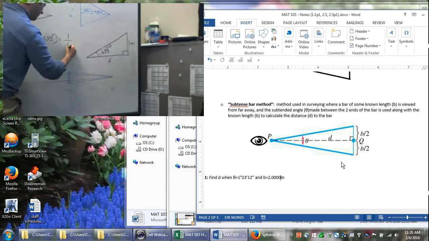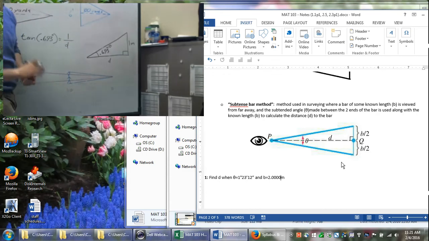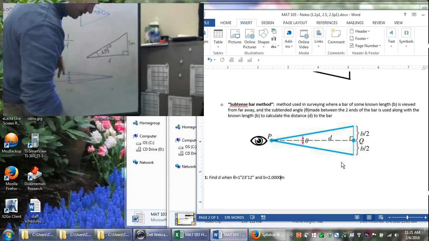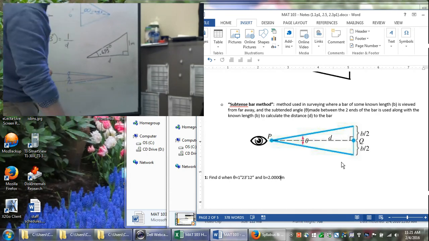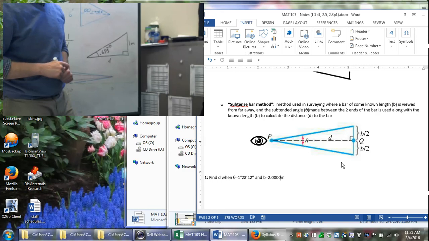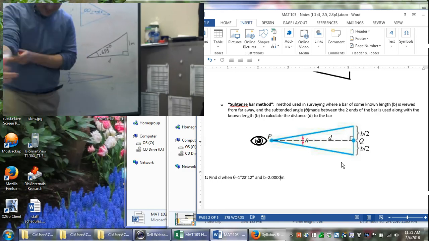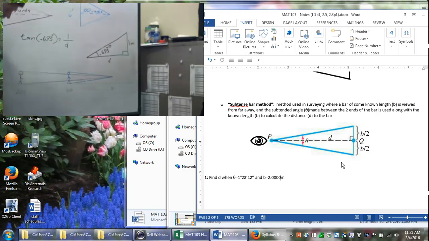So in our triangle here, we want our theta over 2, which we now know is 0.69333 dot dot dot, just as many places as we want.